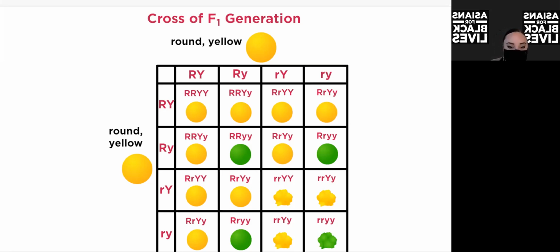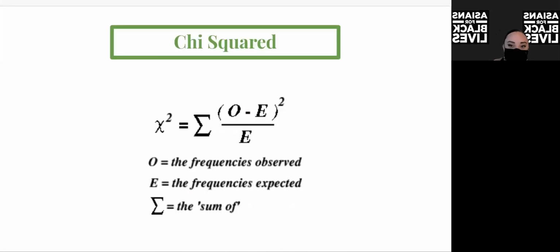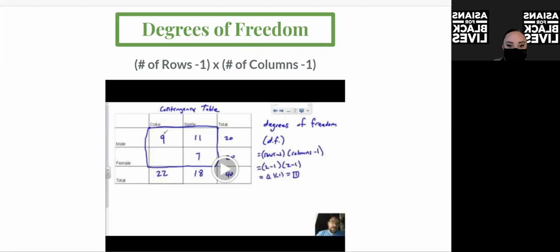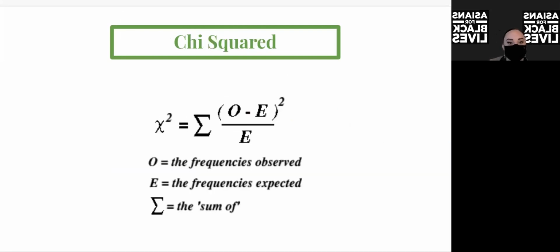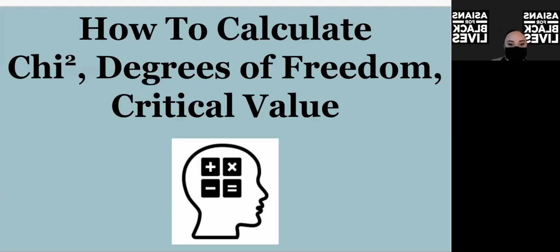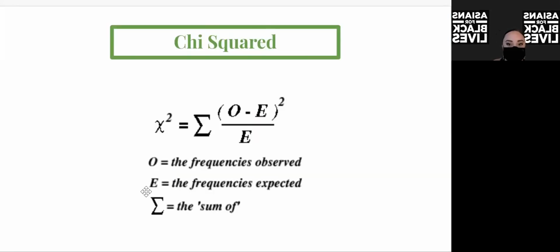You also are going to have to remember chi-squared, degrees of freedom, and finding critical value, or you're using your p-value here. So I did put these slides here at the bottom on how to calculate these things. Here's the equation for chi-squared.